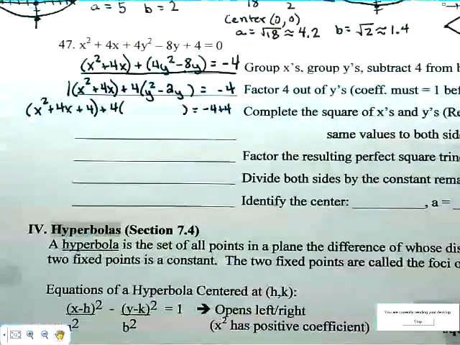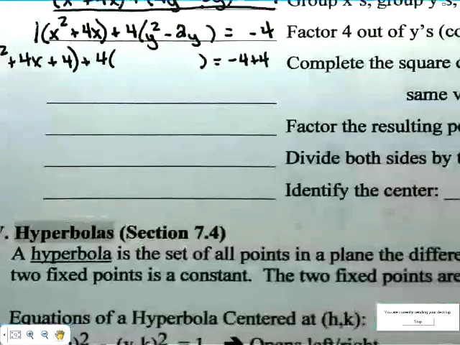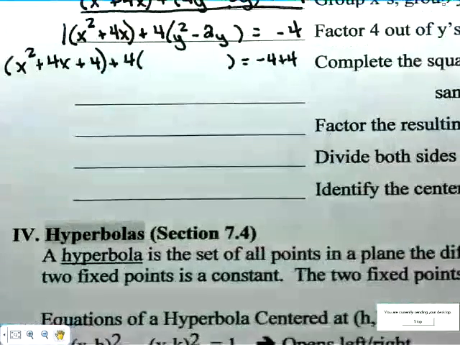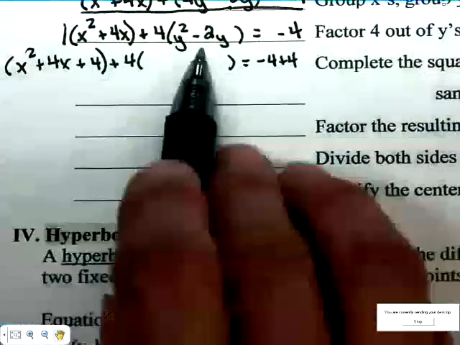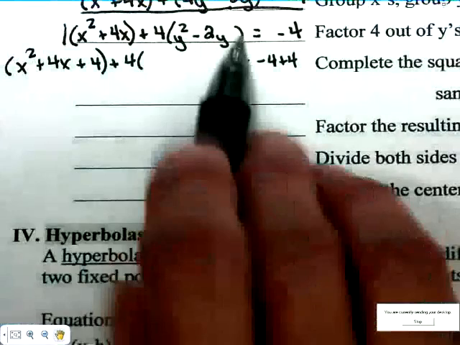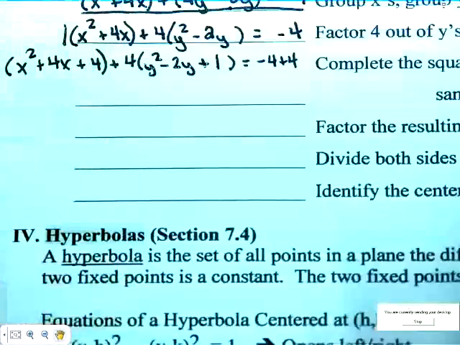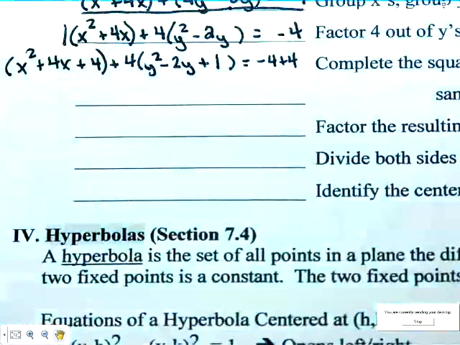What would I have to add to complete the square on the y's? Half of 2 is 1. 1 squared is 1. If I add 1 to the left, I also have to add 1 to the right.